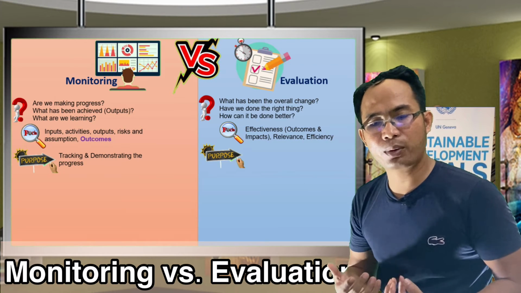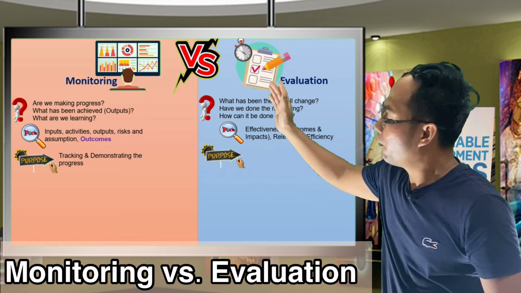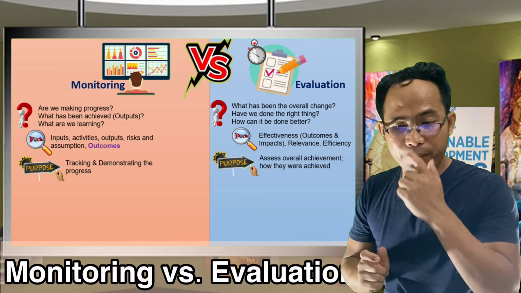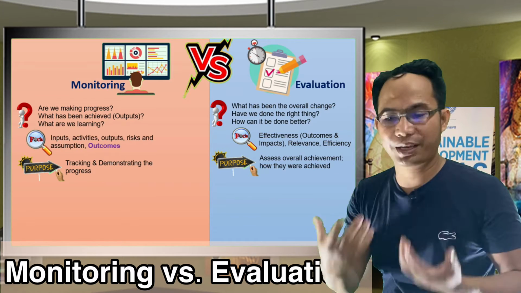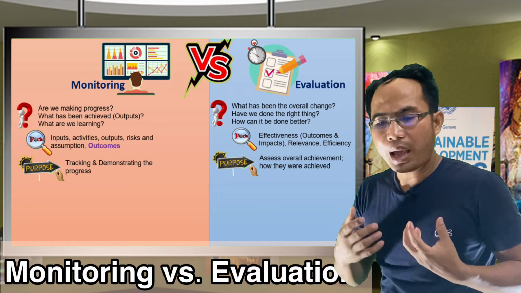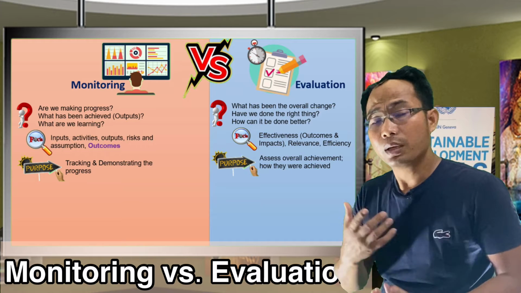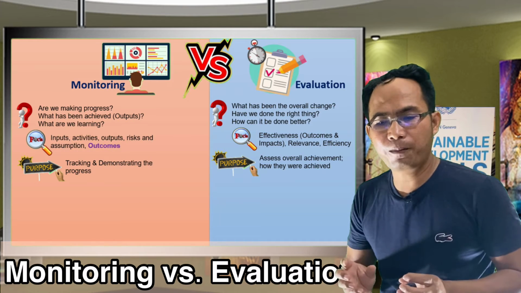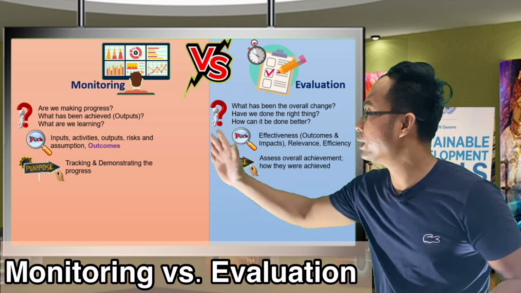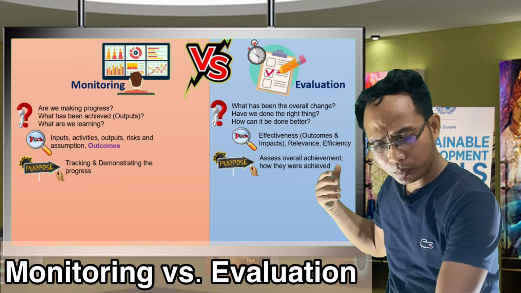That's the main purpose of project monitoring. While for project evaluation, the main purpose is to assess the overall achievement, or to assess how we have achieved a certain thing. Now you can see here, they're significantly different, right?